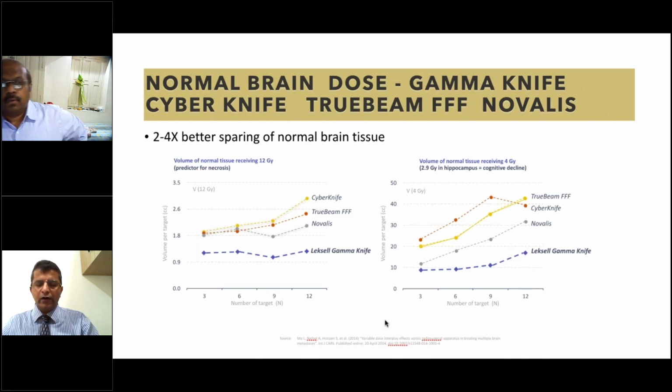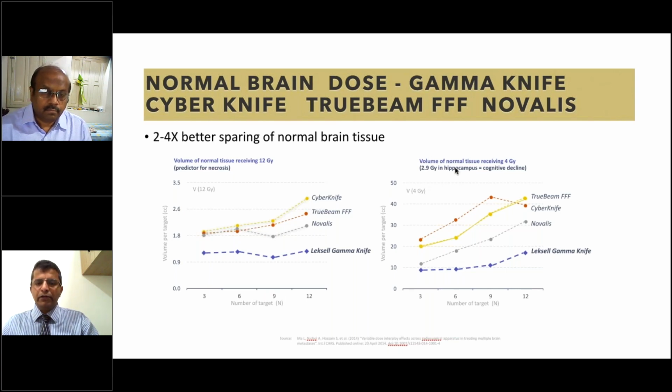This is one of the studies from Lijun Ma and his team from the University of California San Francisco, and they showed the Gamma Knife dose, in terms of the volume of normal tissue receiving 12 gray, is 2 to 4 times lower compared to many of the other radiosurgical devices available in the market such as CyberKnife, TrueBeam, or Novalis.